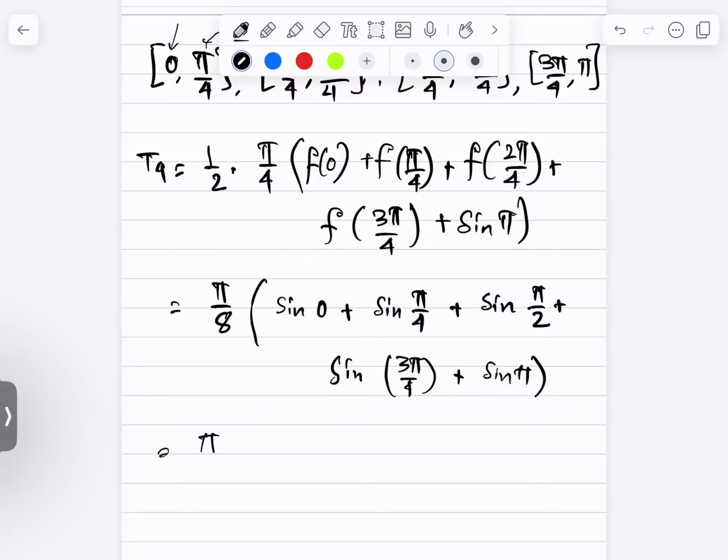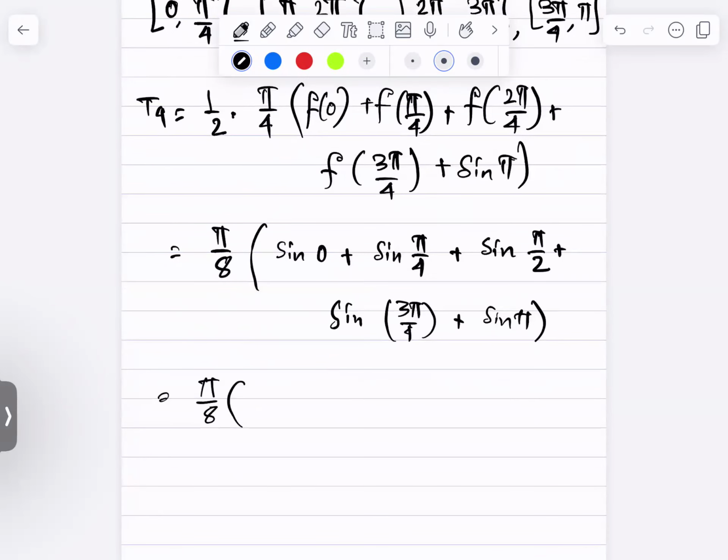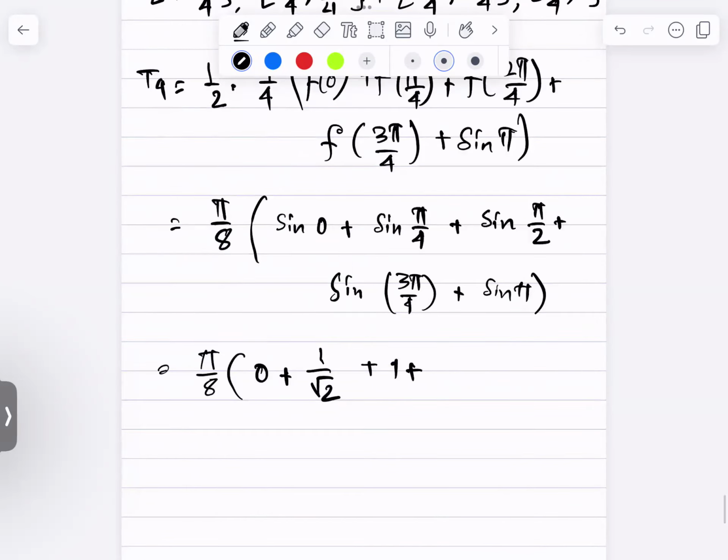So you can use your knowledge of trigonometry to say that sine 0 is 0. Sine pi over 4 is 1 over square root 2, I guess. Sine pi over 2 is 1. Let me just draw the graph, it'll be a little bit easier. This is 0, this is pi over 2, this is pi, this is 3 pi over 2, and this is 2 pi, sorry.